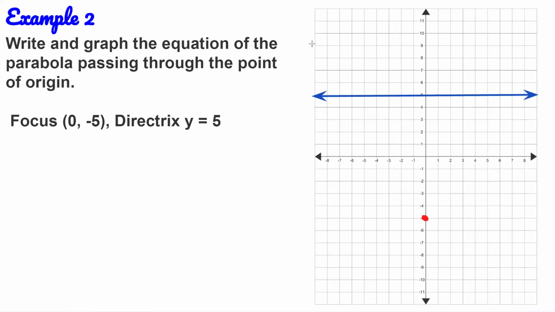Now, remember that the cases we're doing today are for my vertex being at the origin. We haven't transformed or shifted them anywhere. It happens to be at the origin. So where do you think this is going to be opening towards, up or down? It's going to be down.